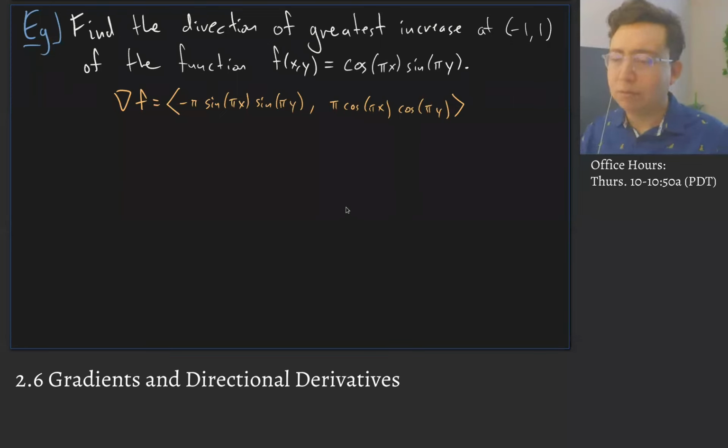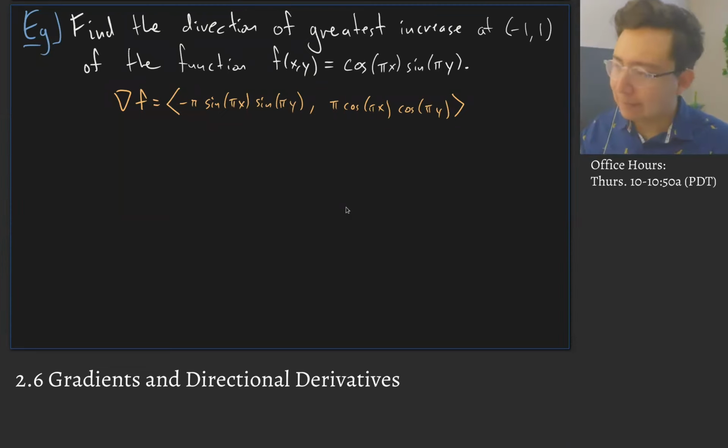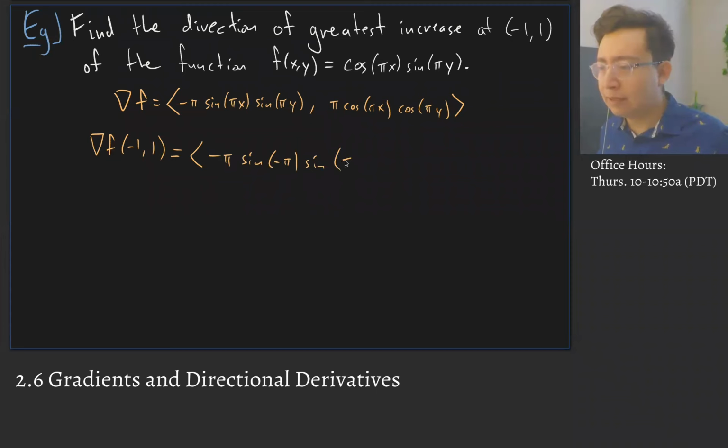Okay, so now we're going to plug in to find the direction of greatest increase at a specific point. We plug in that point, -1, 1. And so we get negative pi sine of negative pi, sine of pi, and then we get pi cosine of negative pi, cosine of pi.